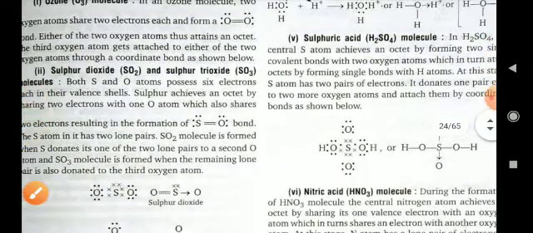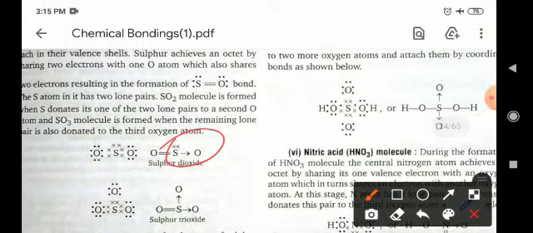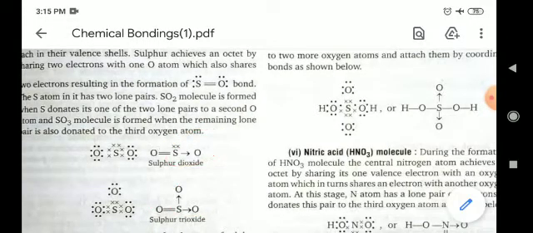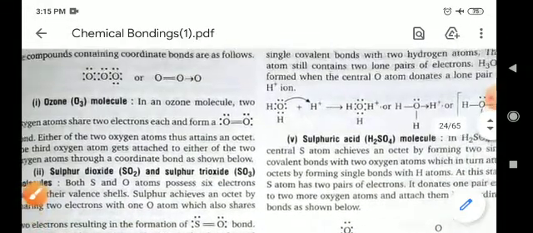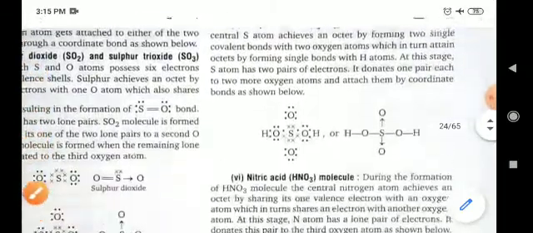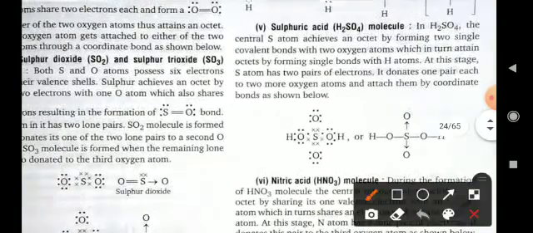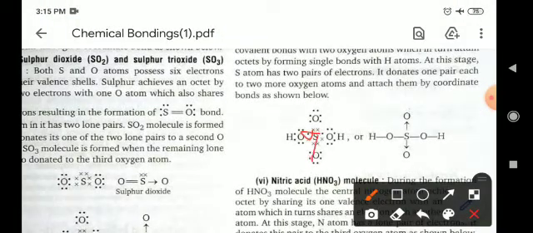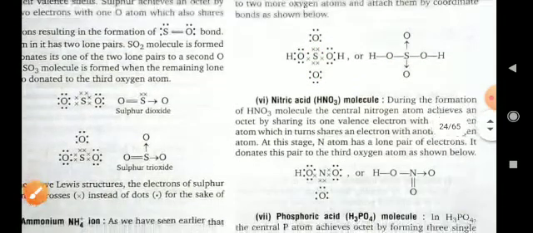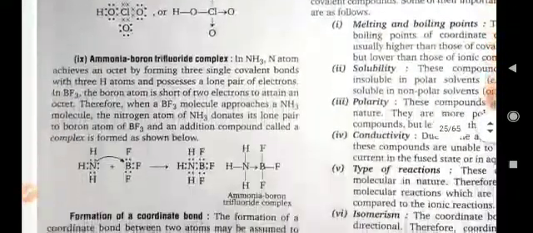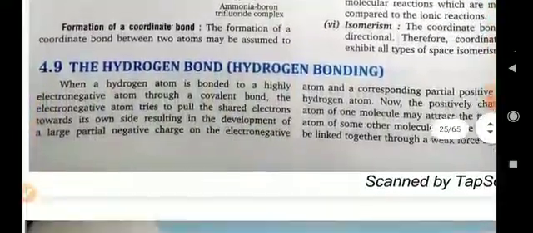In SO2 there is also a coordinate bond formed, and in SO3 there are 2 coordinate bonds formed. In sulfuric acid, there are 2 coordinate bonds formed, because this sulfur gives 2 electrons to this oxygen and 2 electrons to this oxygen. So these are some examples. Other examples are also given, you can see here.